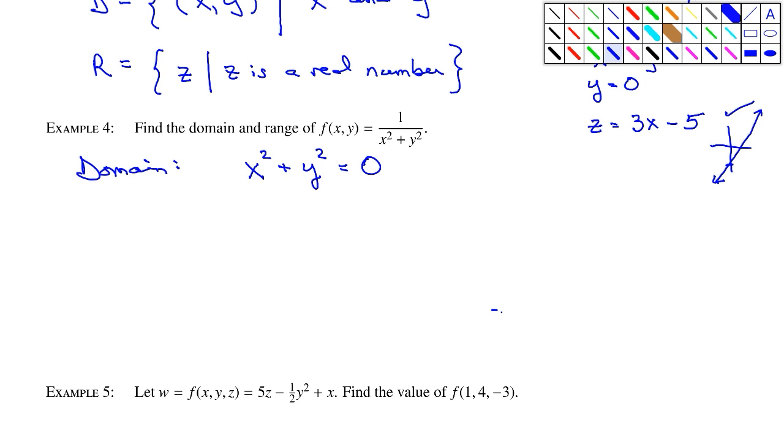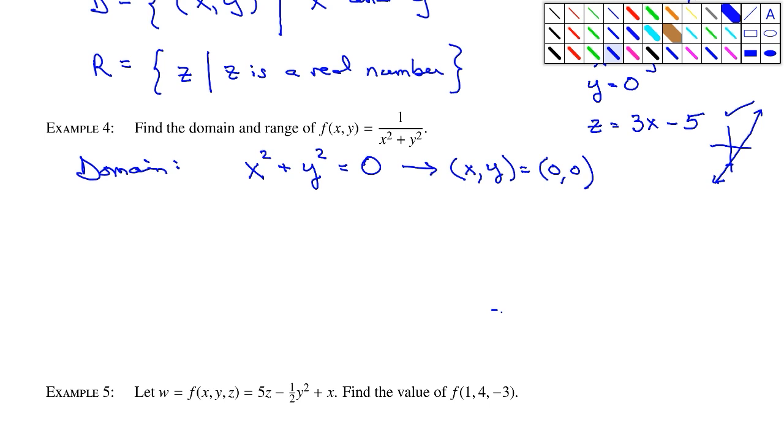And so a positive and a positive, that's going to be positive. There's no way to, once you start with a positive, to get it back down to 0 because you're dealing with squared terms. So the only combination for x and y that leads to a 0 is if the x and the y are both 0 themselves.